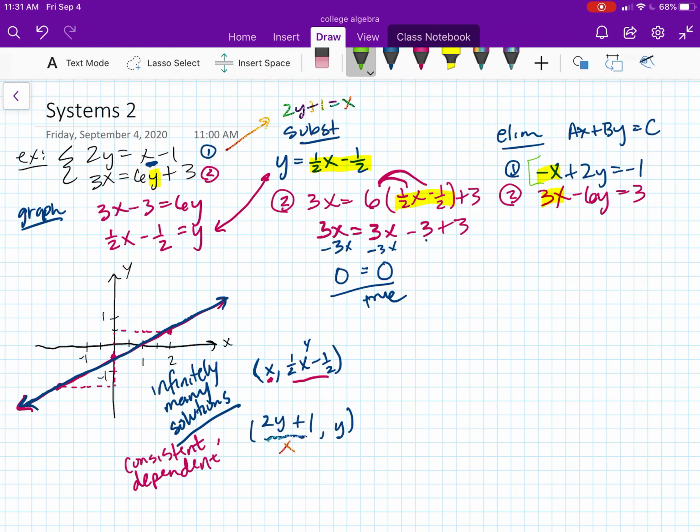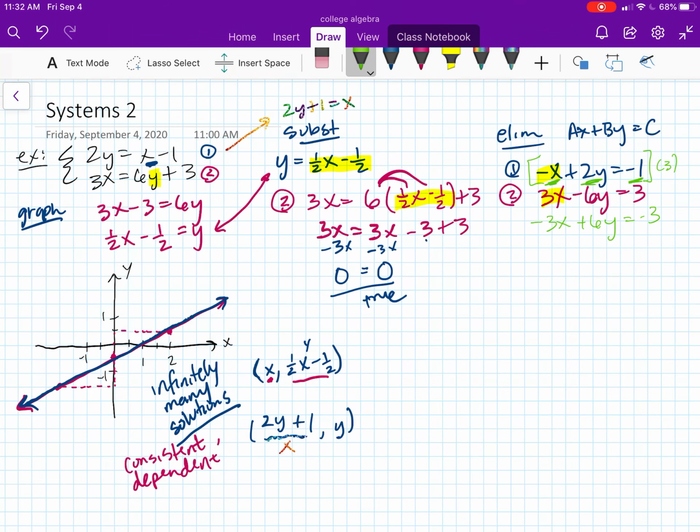If I multiplied all of this stuff by 3, I would have negative 3x plus 6y, I'm sorry. I'm multiplying by 3. I knew something looked wrong. So negative 3x plus 6y equals negative 3.